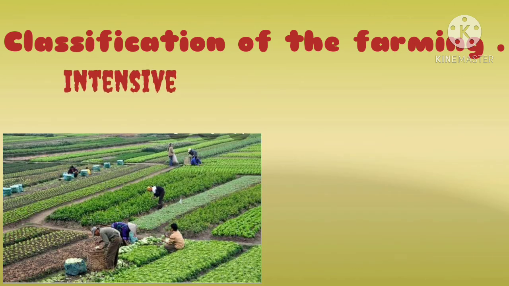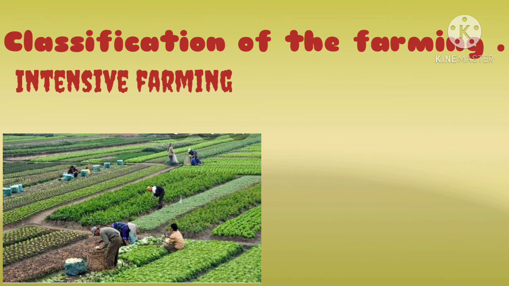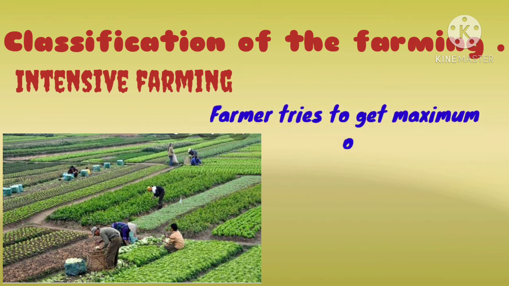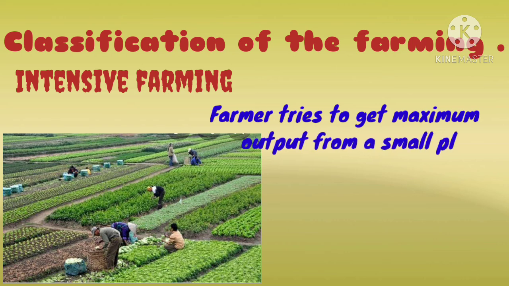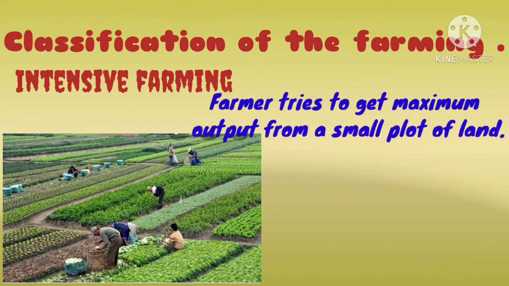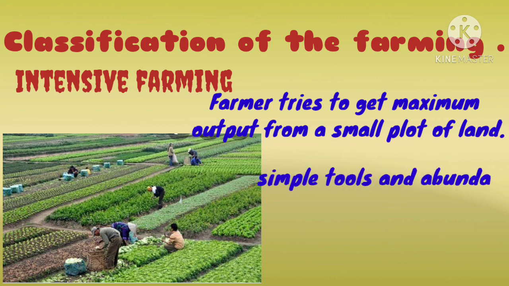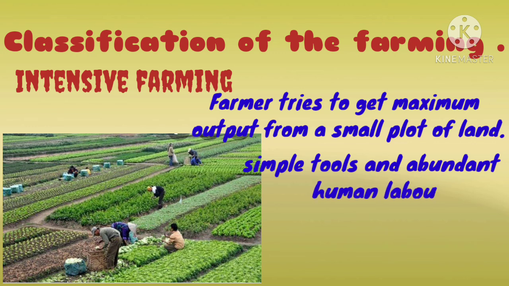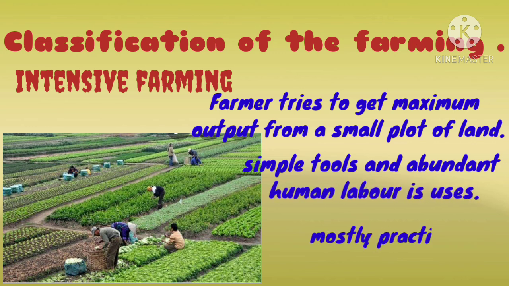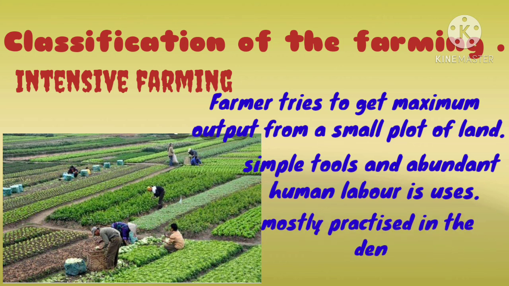Intensive farming. In intensive farming, the farmer tries to get the maximum possible output from a small plot of land. The farmer uses simple tools and human labor. This type of farming is mostly done in the densely populated countries.